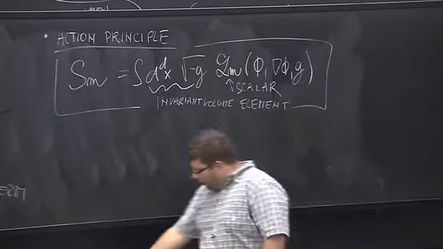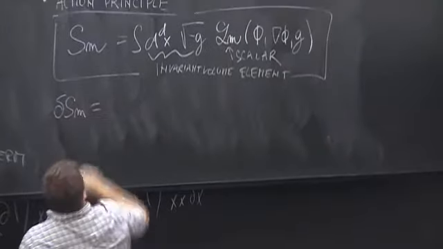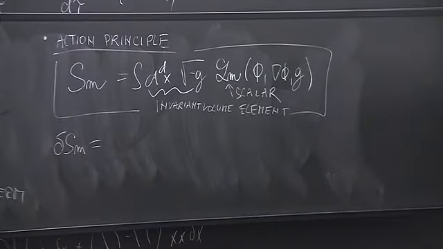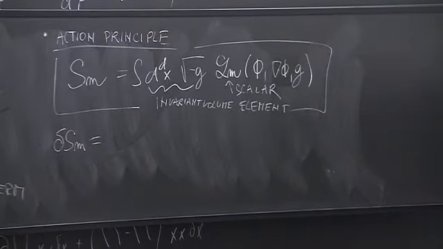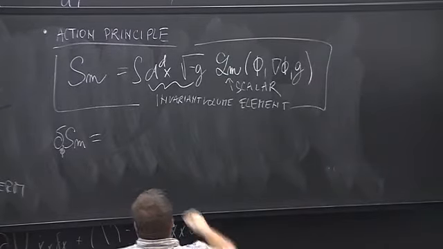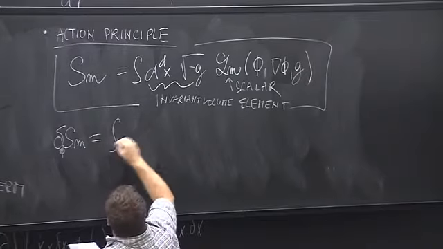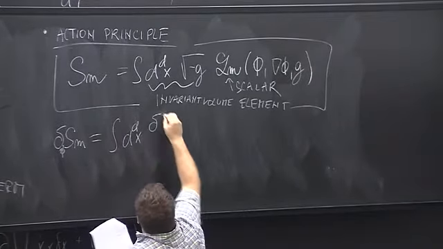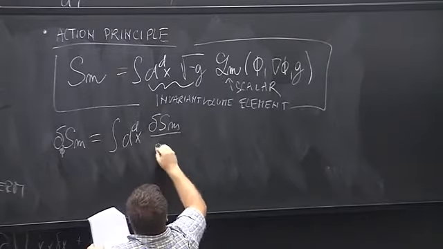All right, so now we have this action here. And so we derive the corresponding Euler-Lagrange equations. So we vary this action, delta S_m. In order to derive the equations of motion for the matter, you vary this action with respect to the field, right? So this is the variation with respect to the field of the matter action, and it's equal to, symbolically, delta S_m over delta phi.